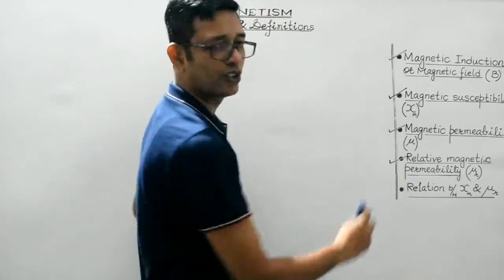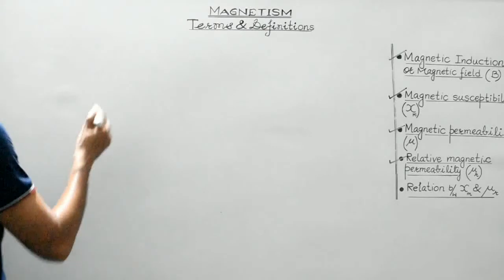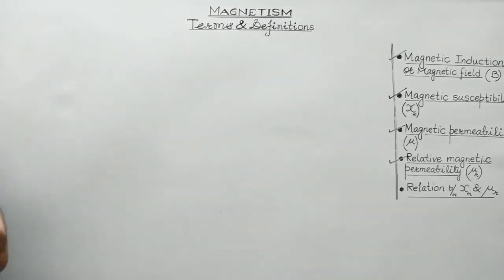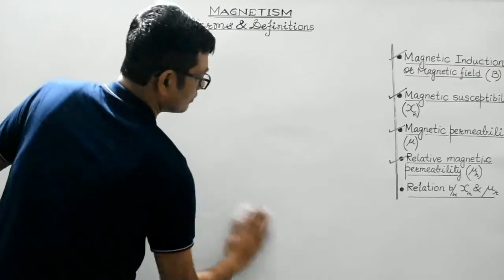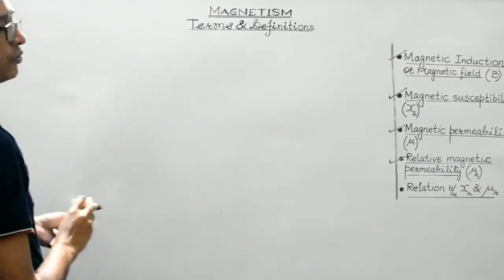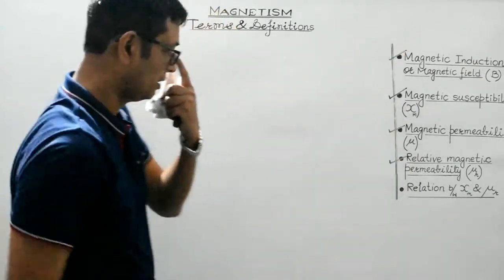So the same is here also. We will discuss the relationship between chi m and mu r. For this, we will make use of the mathematical expressions which we have discussed during these topics.